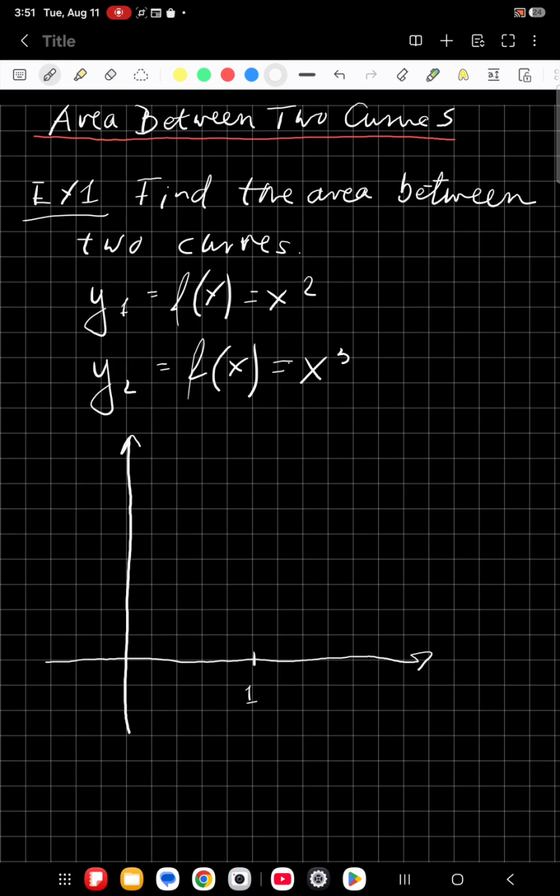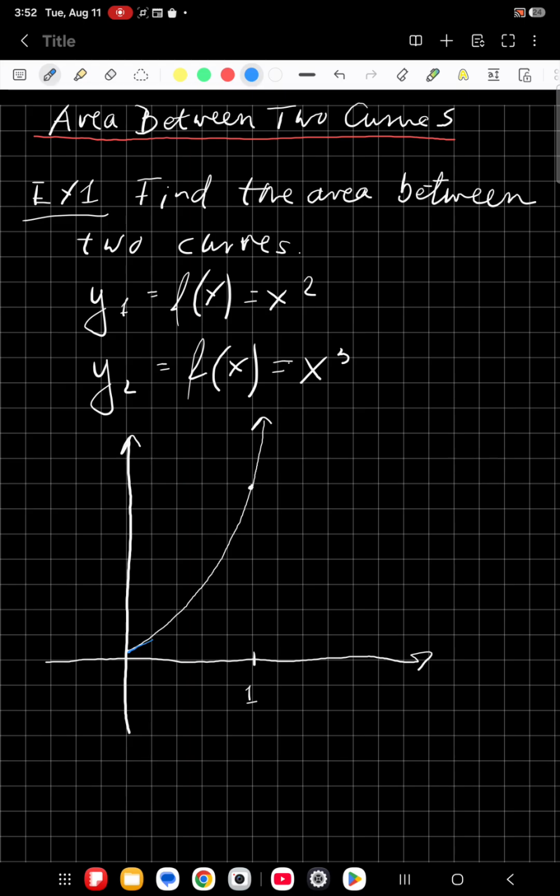When you look at those two curves, especially the positive side, the parabola starts pretty steep, steeper than the cubic function. But then the cubic function gets steeper, so it's kind of like this.